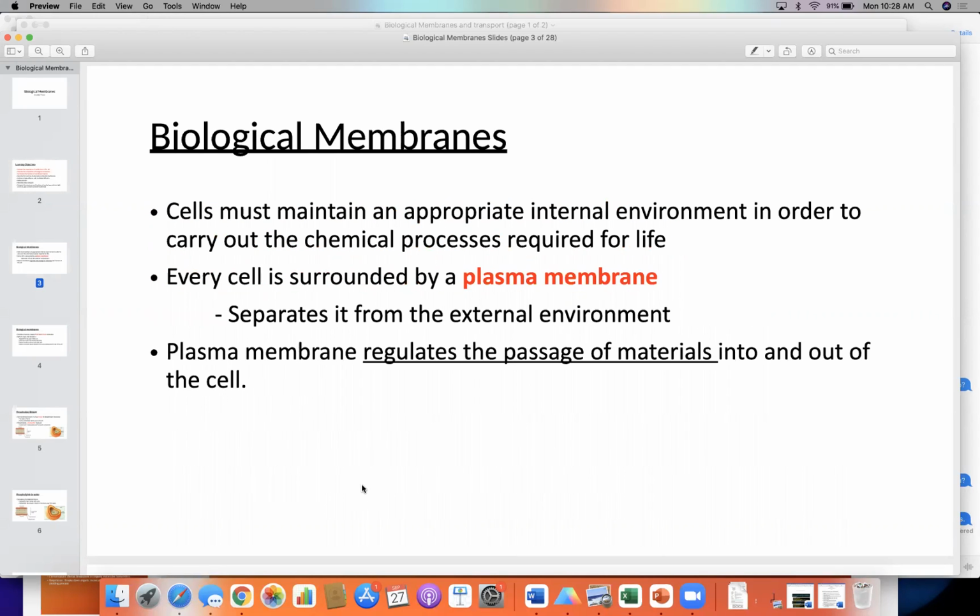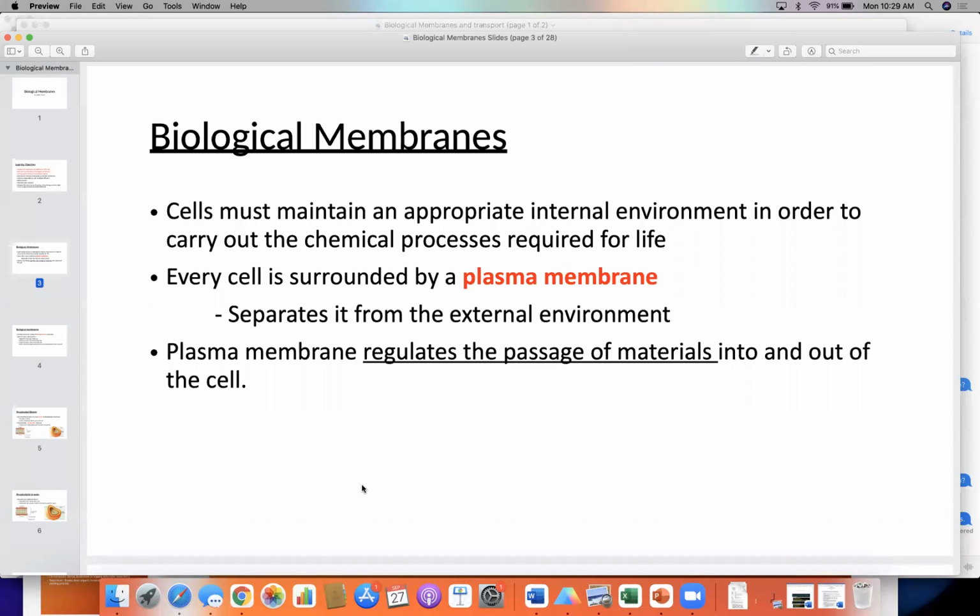So biological membranes. The point that I just made is that cells must be able to maintain an appropriate internal environment in order to carry out chemical processes that are required for life. Again, we talked about maintaining homeostasis. We talked about things like reproduction. We talked about metabolism. We talked about a number of different chemical processes that the cell undergoes all day.